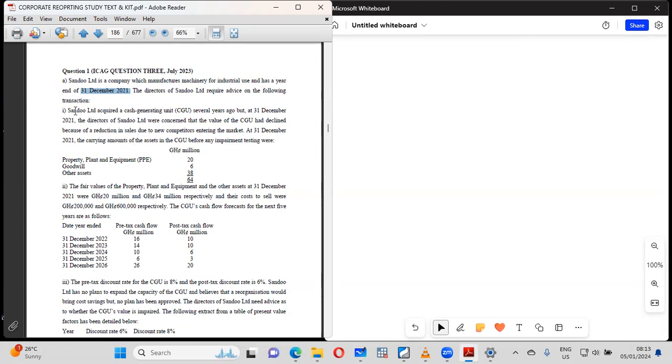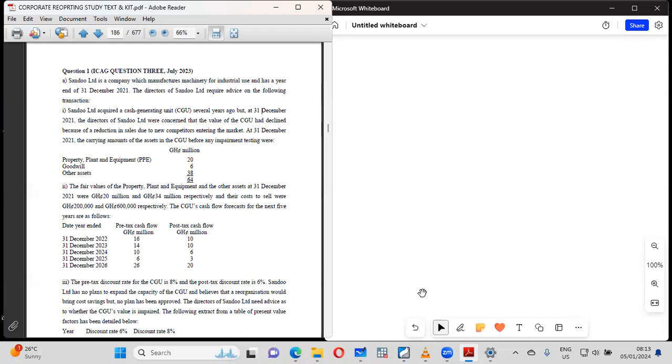They acquired a cash generating unit several years ago, but as at 31st December 2021, the directors are concerned that the value of the CGU has declined because of the reduction in sales due to new competitors in the market. Now, at 31st December 2021, the carrying amount of the CGU is given. So we have the carrying amount.